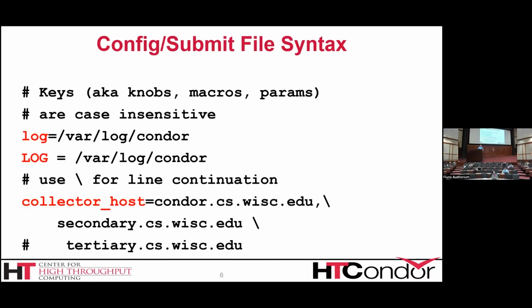All right. Config and submit files look like this. The pound sign introduces a comment. Everything else with an equal sign is a key assignment. Keys are case insensitive. So this will write the key log, and this line will replace it with, it turns out, the same value, because leading and trailing white space on lines is just removed.